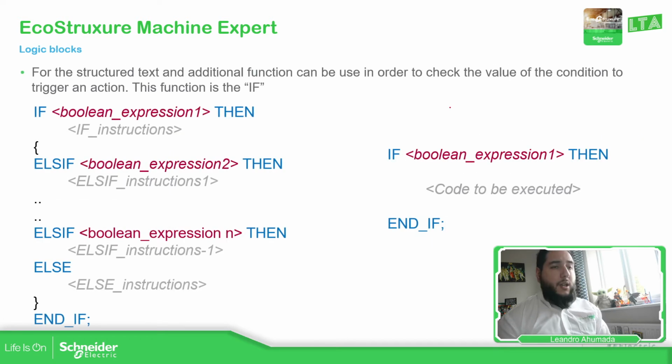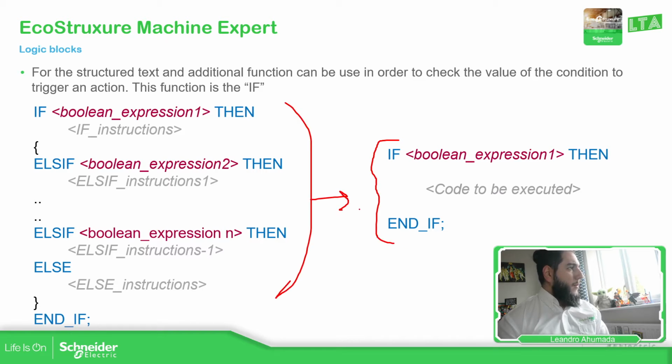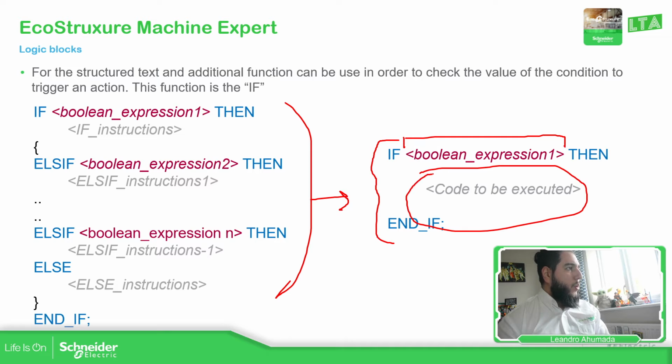And here the expression, the simple one is this one, the reduction of all this. But it's important to know that the result of the condition must always be Boolean. That's why you have AND and OR inside the logic blocks or the logic syntax that we have seen. And inside you can execute your code.